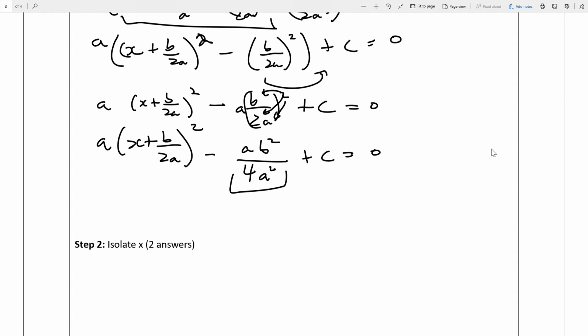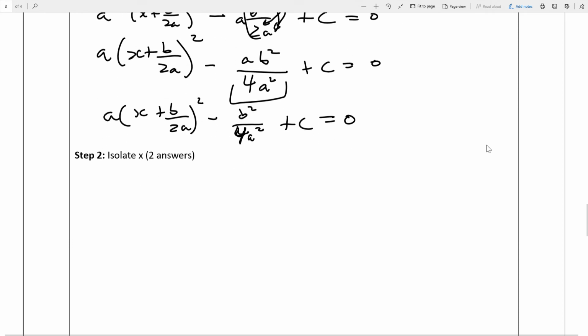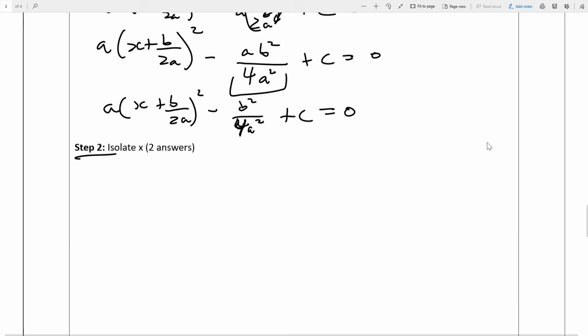Because there's an a in the numerator and the denominator, we can cancel those out, and we get b squared over 4a plus c. Now step 2 was to isolate for x. X is over here. So we need to subtract c, add b squared over 4a, divide by a, then square root, and then subtract b over 2a.